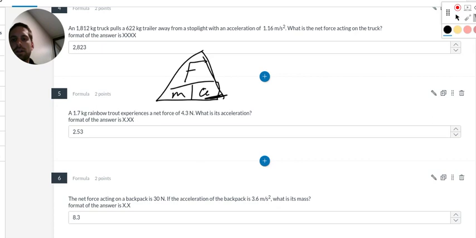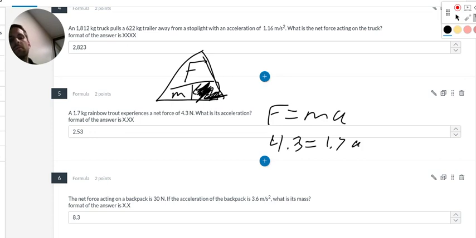Covering up, say, the a, we get F over m, or we could just plug in our values for F equals ma, and we get 4.3 equals 1.7a, and divide 1.7 on both sides, or we could divide a on both sides as well.